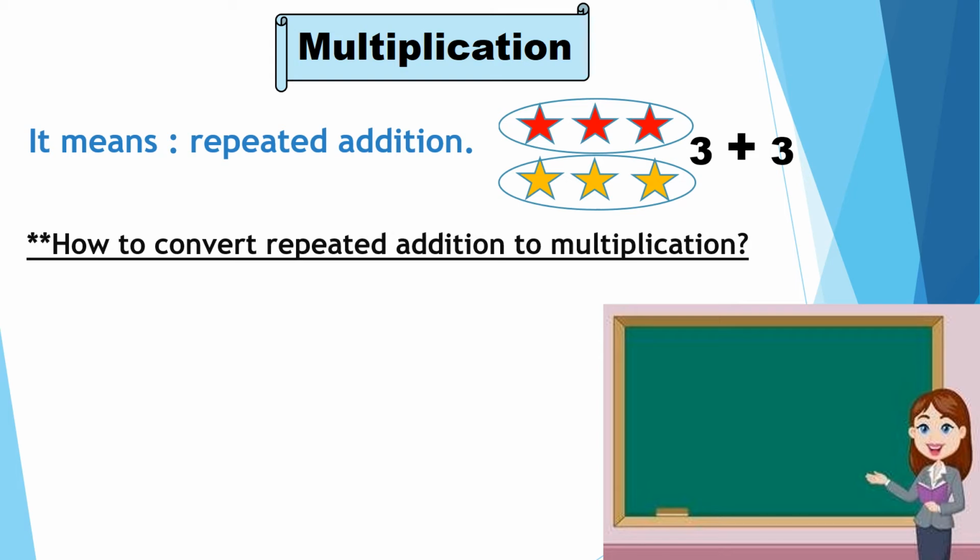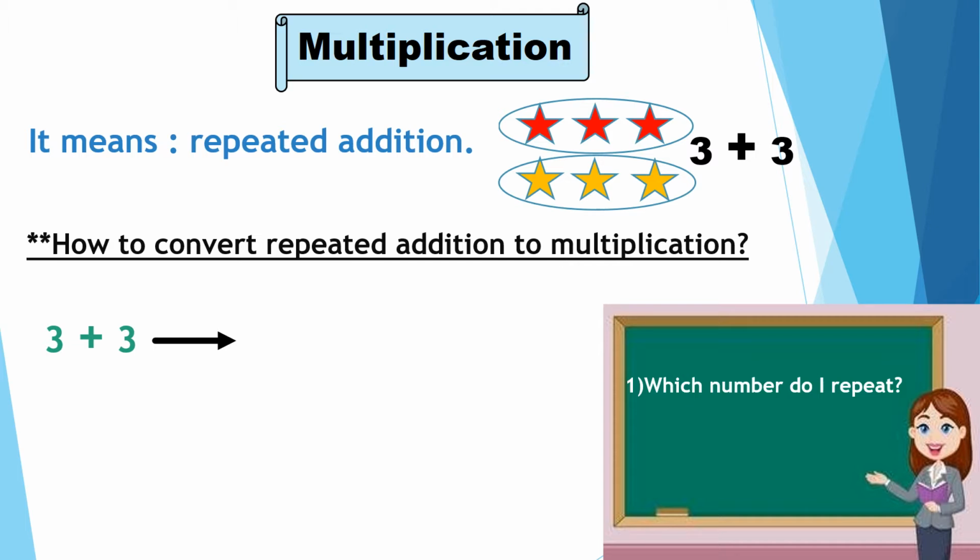Now, how to convert this repeated addition to multiplication? We have 3 plus 3, and I want to convert it to multiplication. Our teacher here will help us, and she told us we must ask ourselves 2 questions.